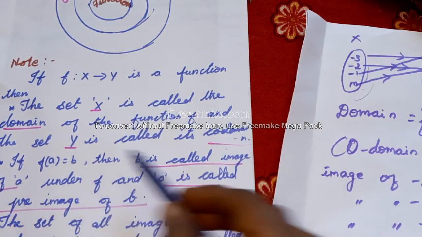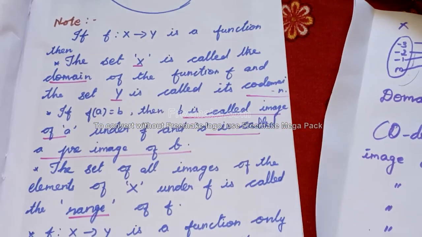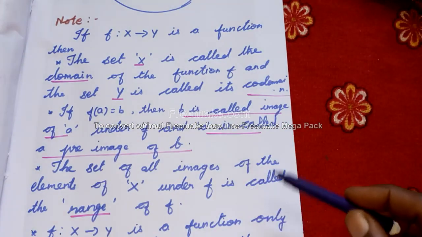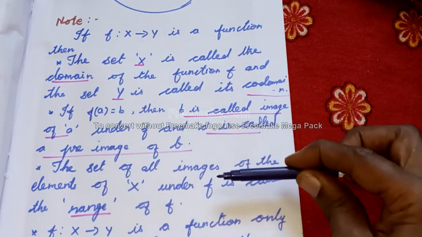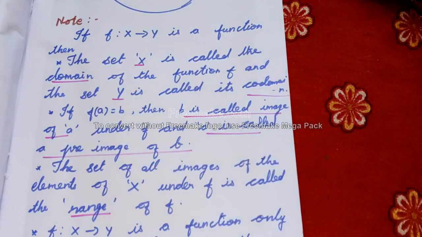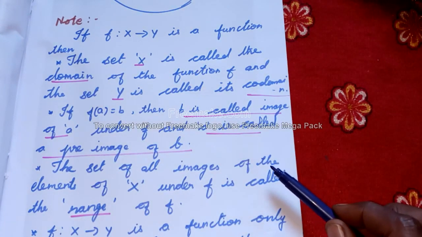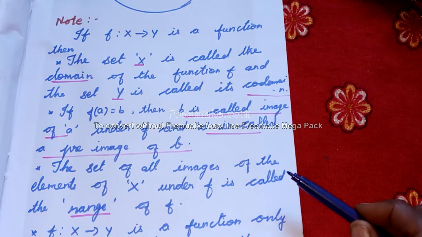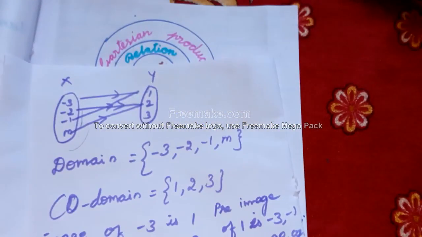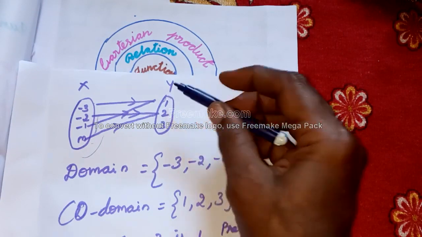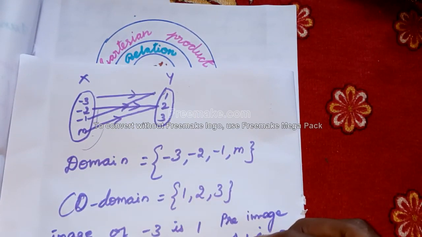Next, the set of all images of the elements of X under f is called the range of f. Now, in this example itself, listen students, the image of -3 is 1, image of -2 is 2, image of -1 is 1, image of m is 2.